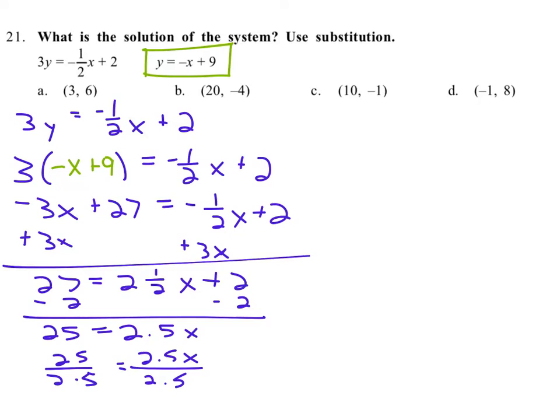And I'll have to write it over here on the side, but it's just a fun fact that when you divide 25 by 2.5, you get 10. So we have as a partial solution, x is equal to 10.